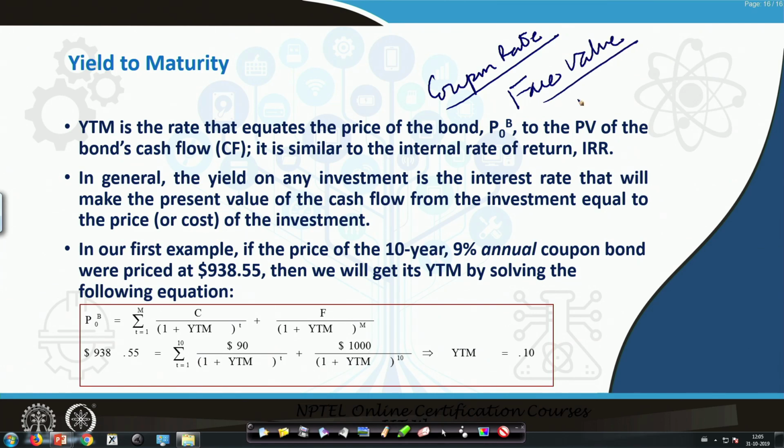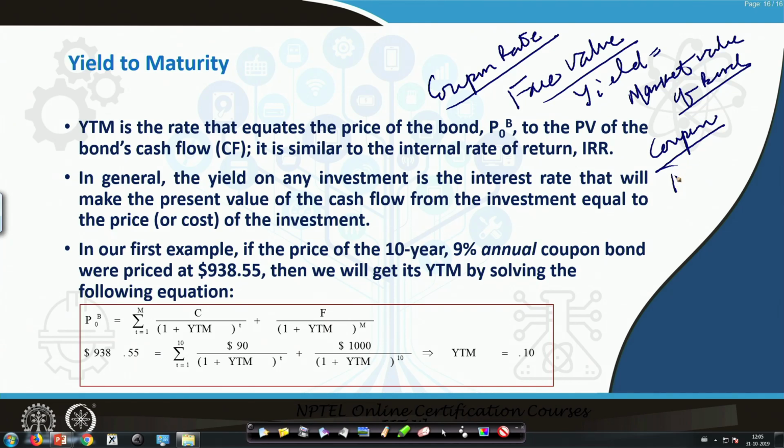But whenever we talk about the yield, it is calculated on the basis of the market value of the bond. So, your coupon payment divided by the face value will give you the return.